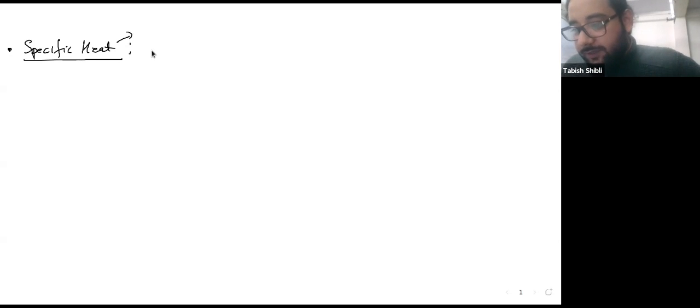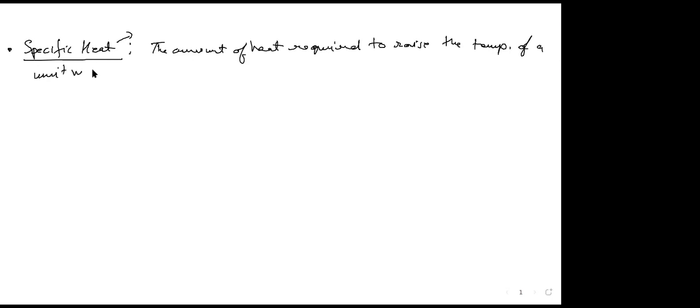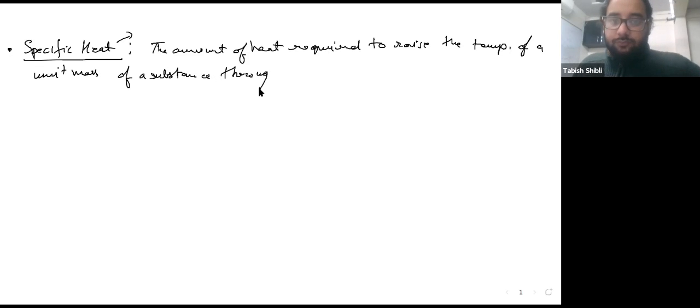Specific heat of a substance may be defined as the amount of heat required to raise the temperature of a unit mass, that is important, of a substance through 1 degree. 1 degree. Okay, what does this mean?